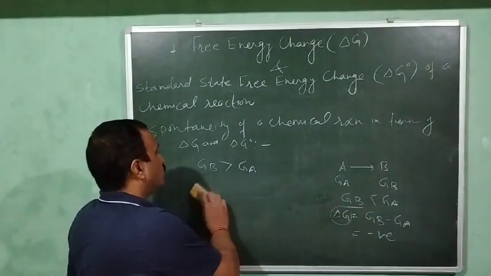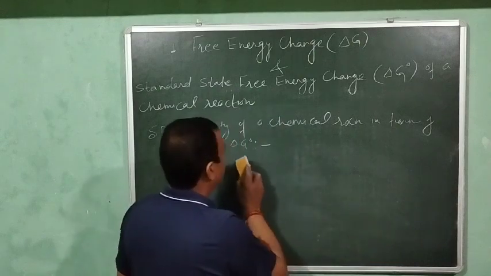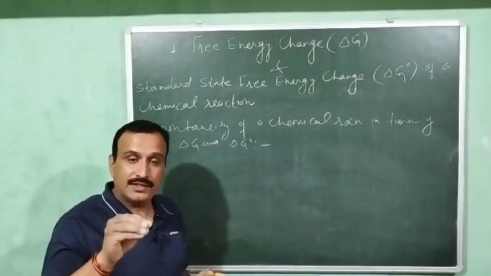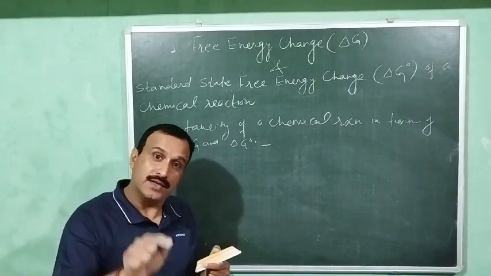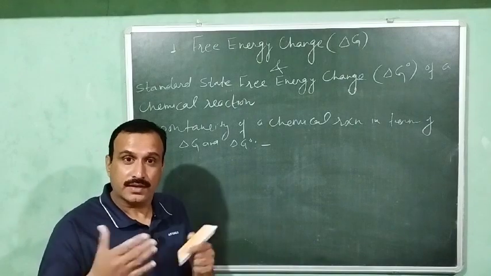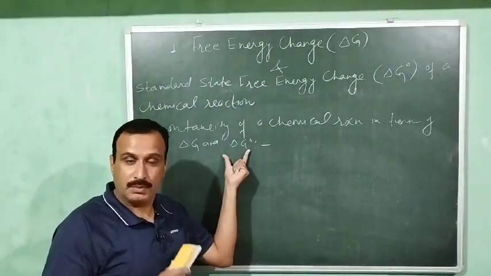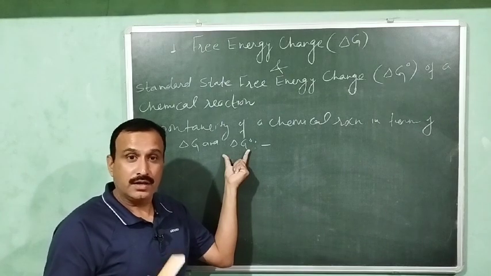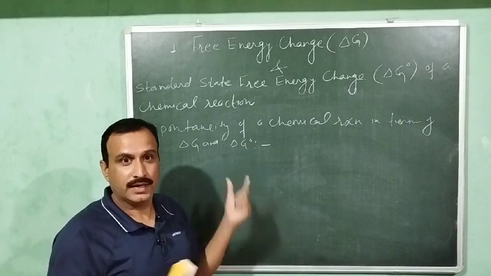We can also explain spontaneity in terms of delta G naught. Delta G naught gives us the spontaneity of a chemical reaction under standard condition, that is, whether that reaction is spontaneous under standard condition or not.